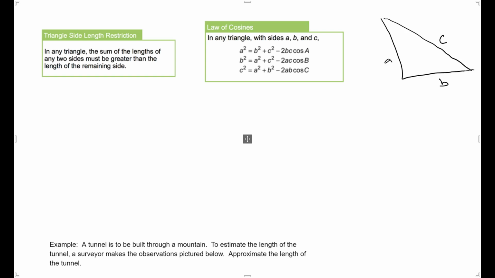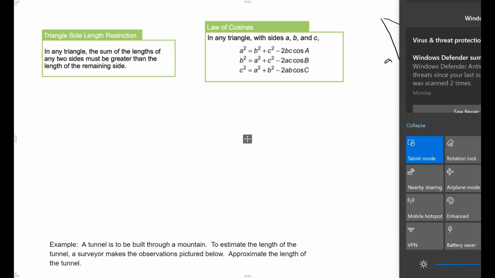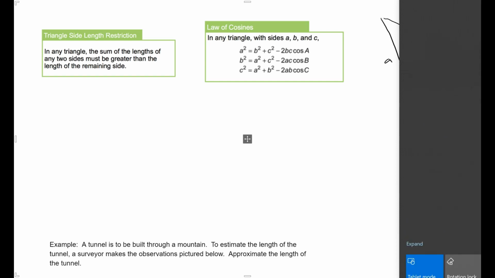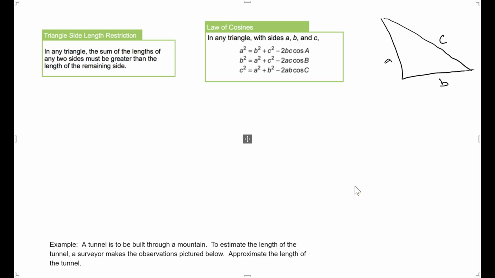It says in any triangle, the sum of the lengths of any two sides must be greater than the length of the remaining side. So what does that mean?